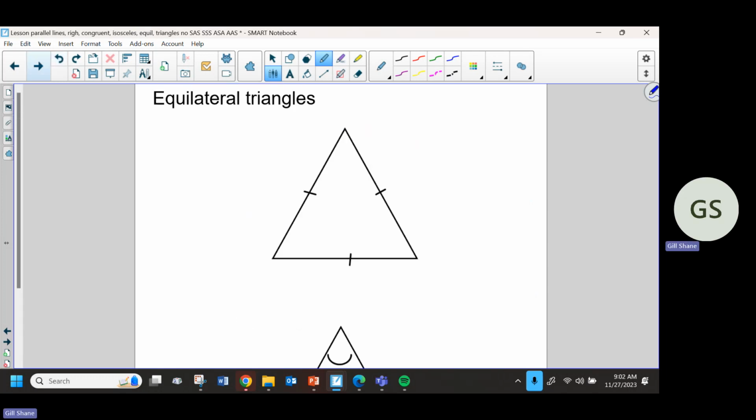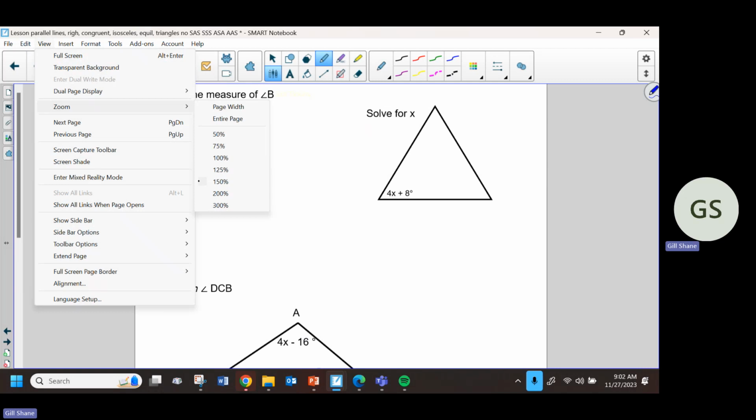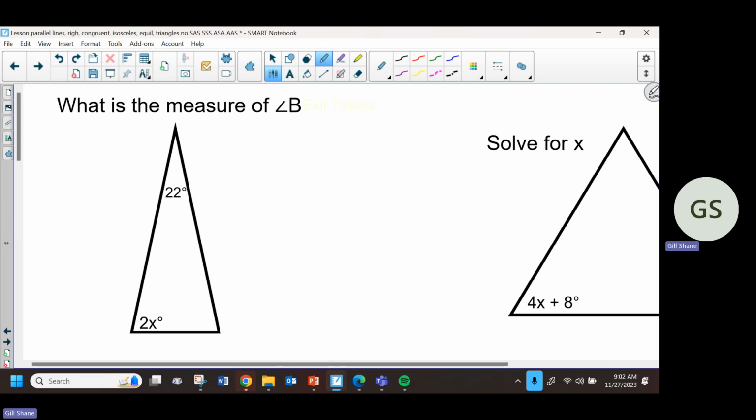All right, so really quickly. Set up and solve the equation. Go. Solve for x. Pretty much just what I showed you.